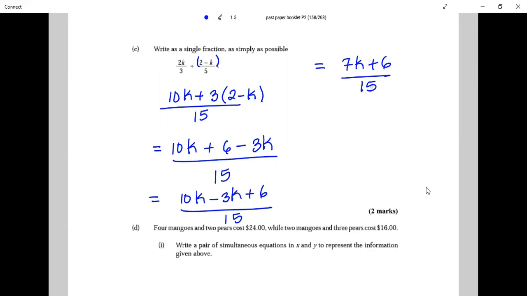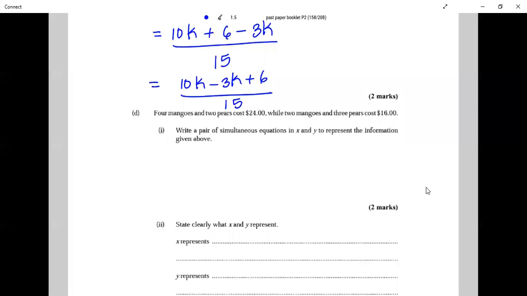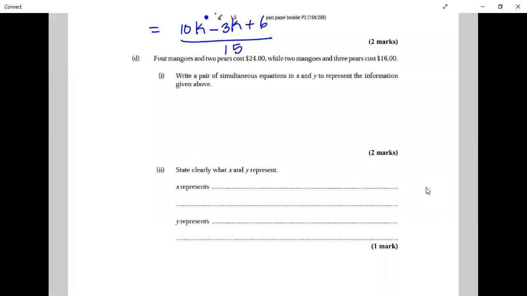All right, let's go to the D part of the question. D says, 4 mangoes and 2 pears cost $24, while 2 mangoes and 3 pears cost $16. Write a pair of simultaneous equations in x and y to represent the information given above.